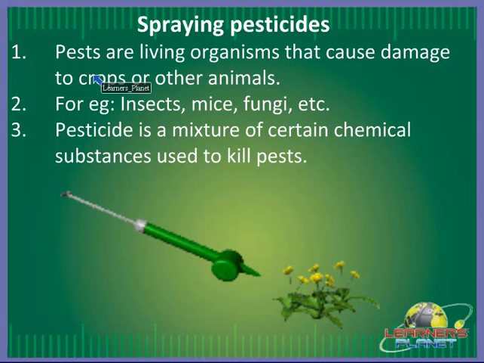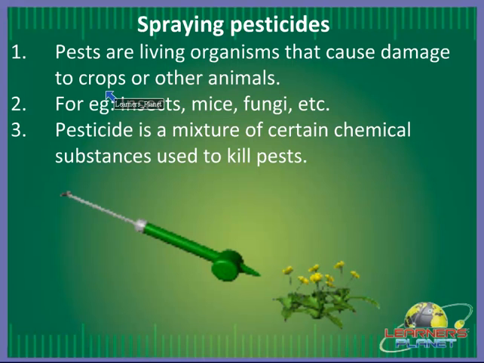So if the pests damage the crops, then we will not be able to get the crops. Then there is no importance of growing the seeds or planting the crops in the field, if the pests destroy or damage them.